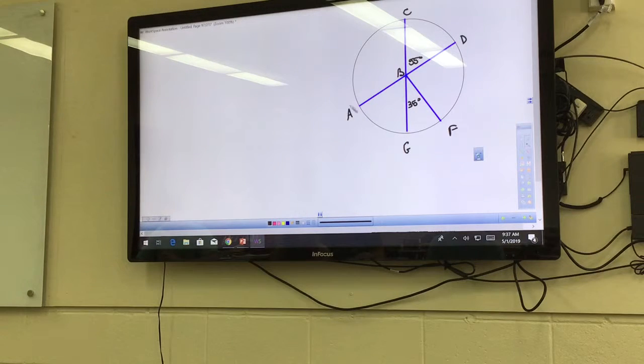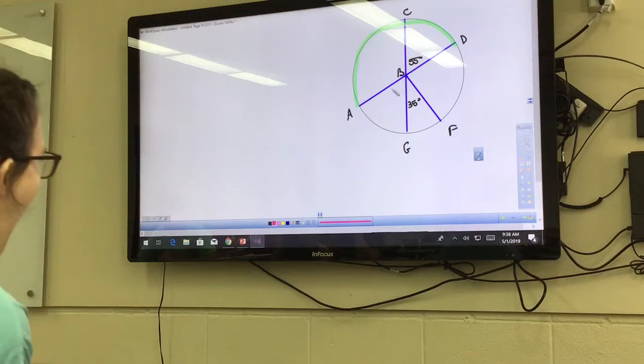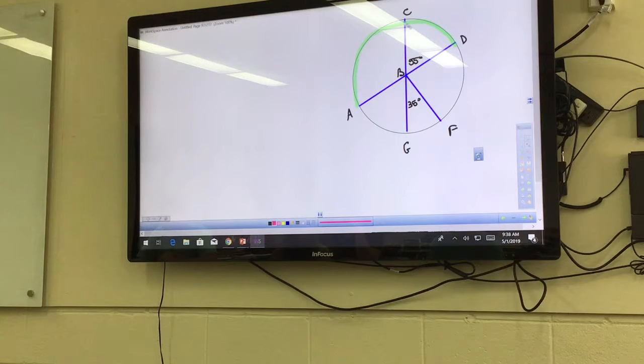So AD is a diameter and CG is a diameter. If AD is a diameter, that means that it's going through the center of the circle and it cuts the circle how? In half. So I can easily find the angle that's missing, which was ABC, by saying 180 minus what? 55. And what would that be?